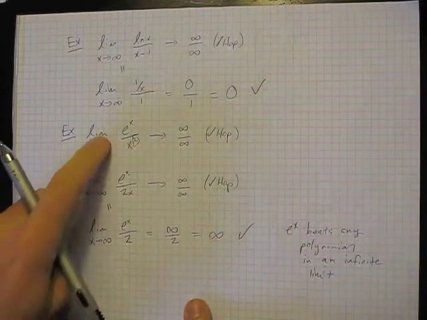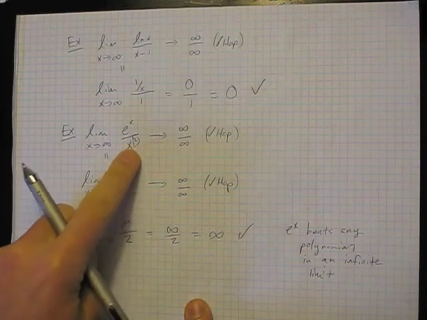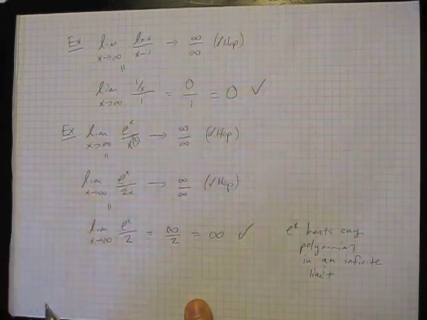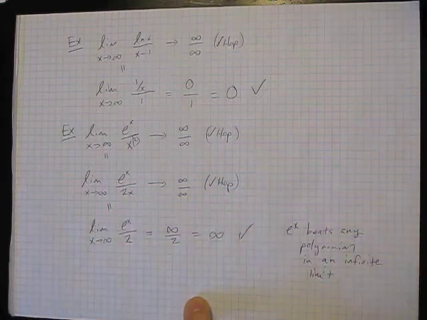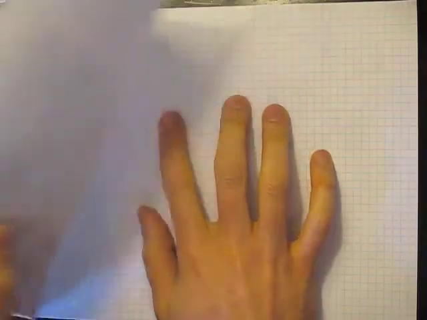Any polynomial. Notice we had to use L'Hopital's rule twice to get that. If that were x to the 7, we'd have to use L'Hopital's rule 7 times before we got to a point like this. Okay, so very good. That's an example of L'Hopital's rule applied twice.